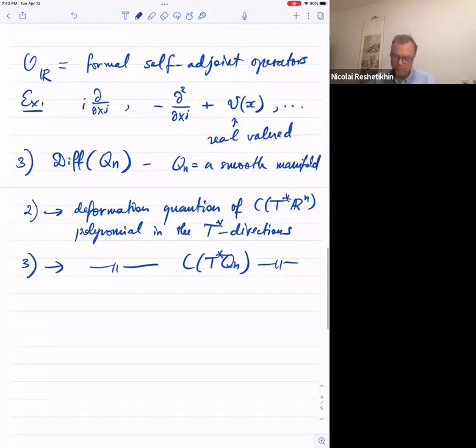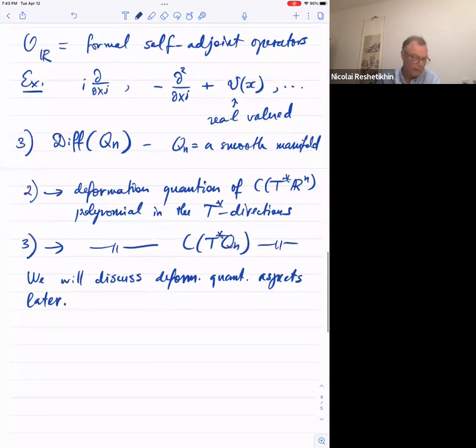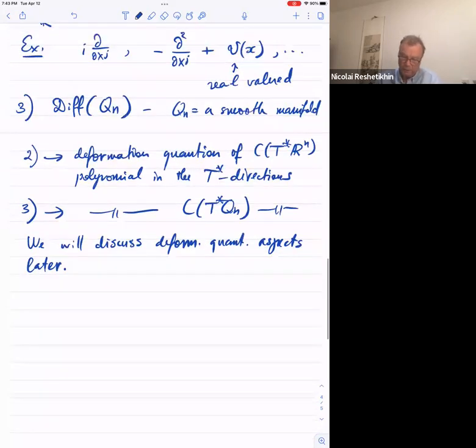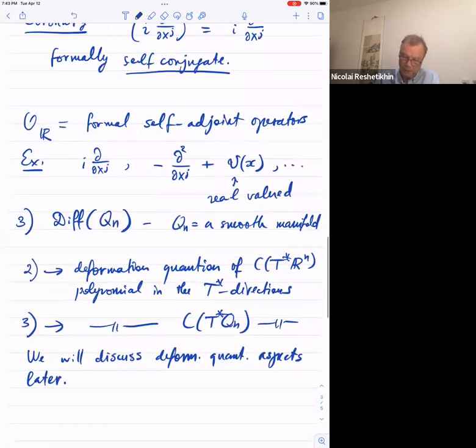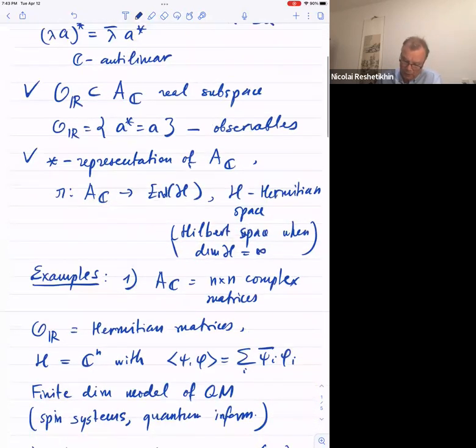So we will discuss deformation quantization aspects later. So now let's discuss. So these are the examples. So we have basic structures: the algebra of observables, the space of observables, star representation, and now states.